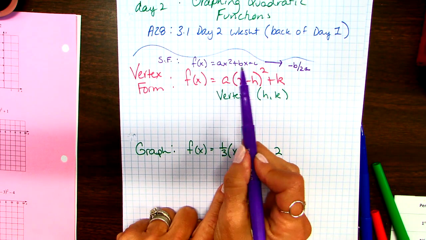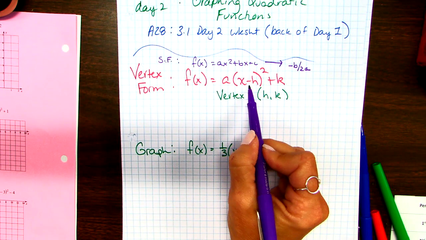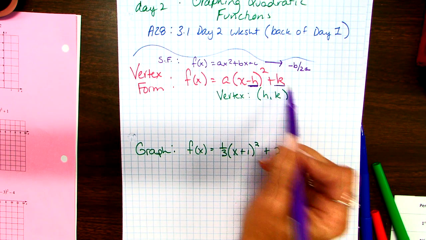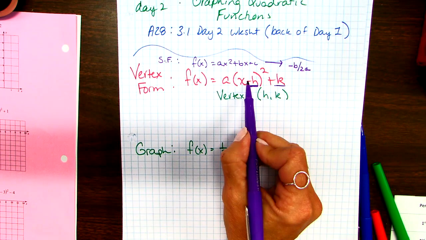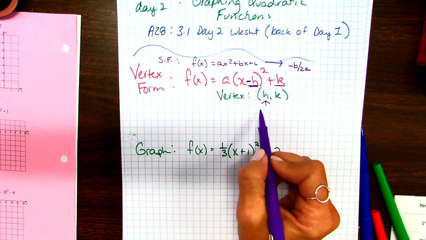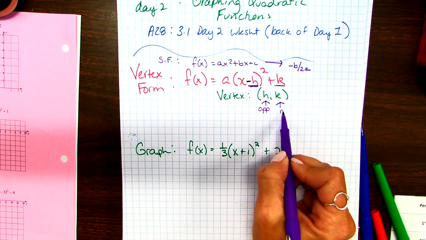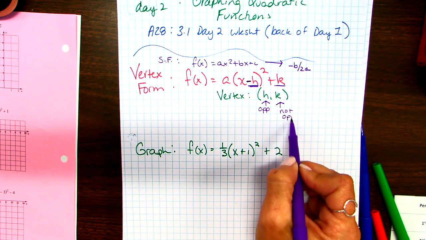So standard form doesn't have parentheses, vertex form does. And the vertex is this number and this number. Now notice, this is a negative, so it's always opposite. Whatever you see in the parentheses, you change the sign. The k value is not opposite.